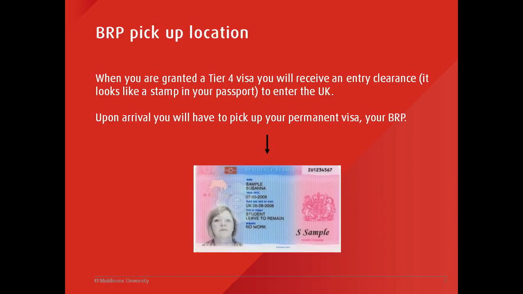Applying from outside of the UK, you'll initially be granted a 28-day visa to travel to the UK. That visa takes the form of a paper sticker in your passport and it tells you when you can travel to the United Kingdom, not more than 28 days before your course start date.